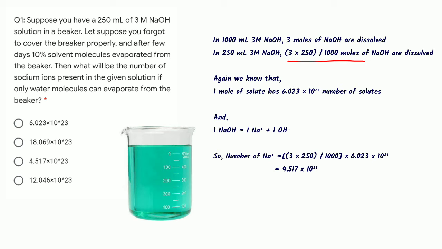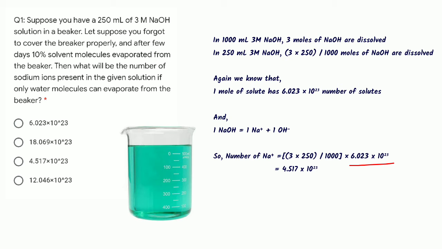We already know that 1 mole is equal to 6.023 into 10 to the power 23 of that particular species. Here the sodium positive ions are in moles, so we can convert this into the number of ions by multiplying by 6.023 into 10 to the power 23.